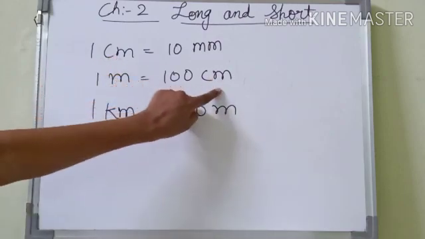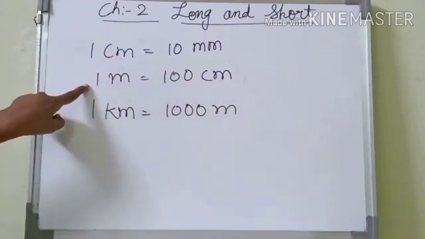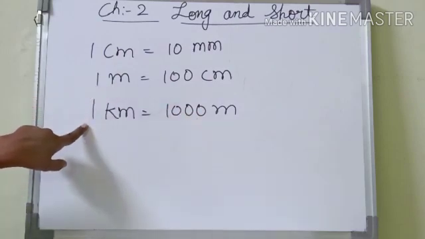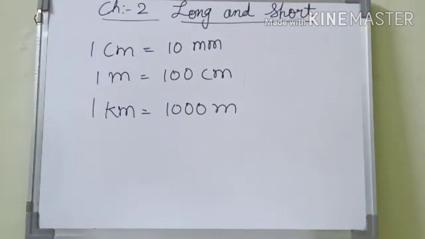Then 100 centimeter will make 1 meter. And 1000 meter will make 1 kilometer. I hope you understood the basic details of length units. For measuring length, height and width, you can use the units millimeter, centimeter, meter and kilometer.